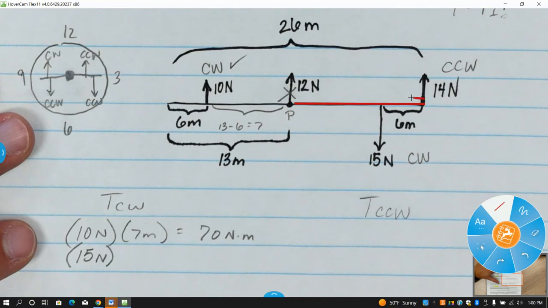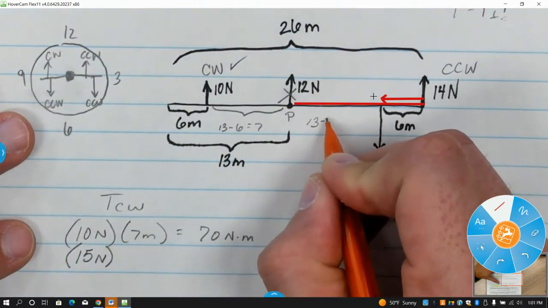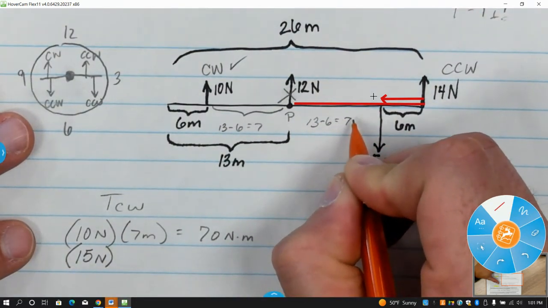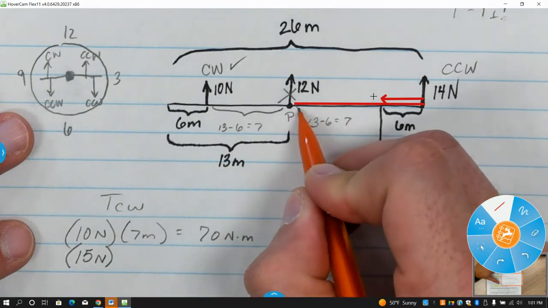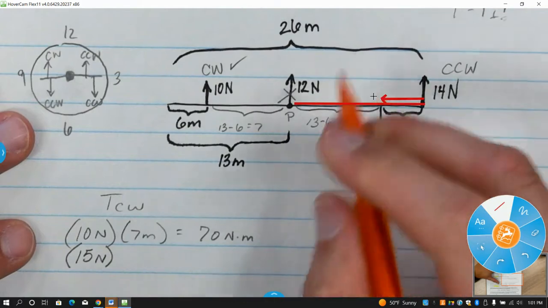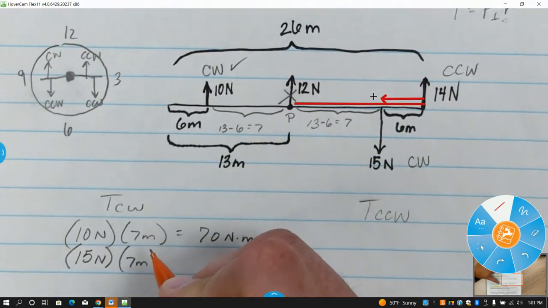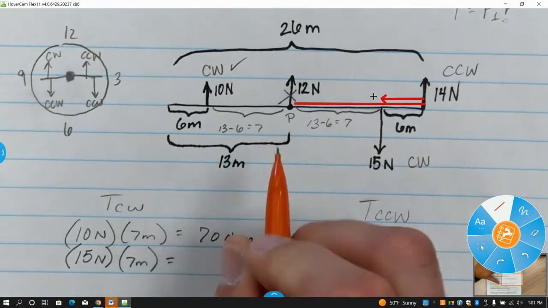And if we go back this way 6, 13 minus 6 gives me this distance here of 7. So this 15 newtons is only 7 meters away from the pivot point.